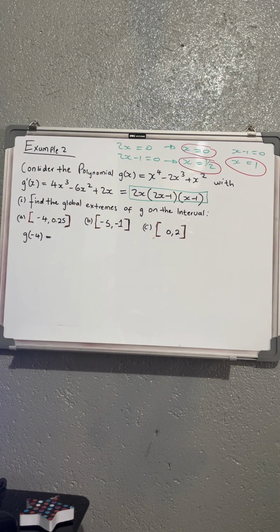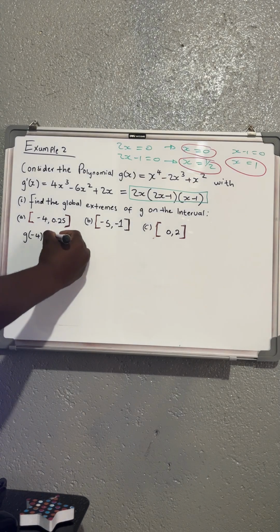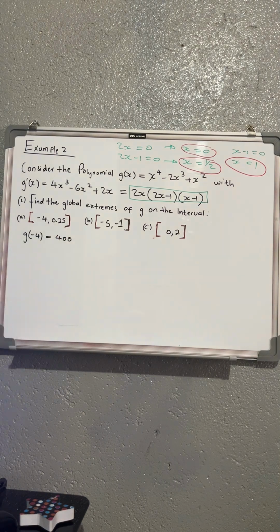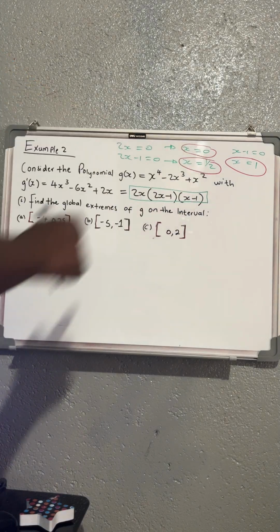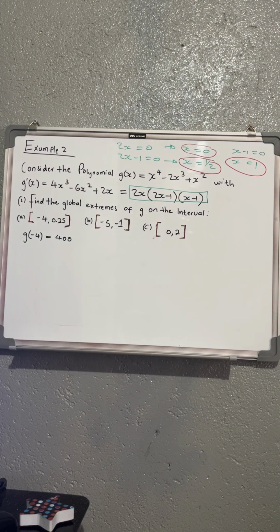If we input -4 into the original, we get a value of 400. Then we check again, do we have any value that is falling within the range? And yes, 0 is falling within the range.